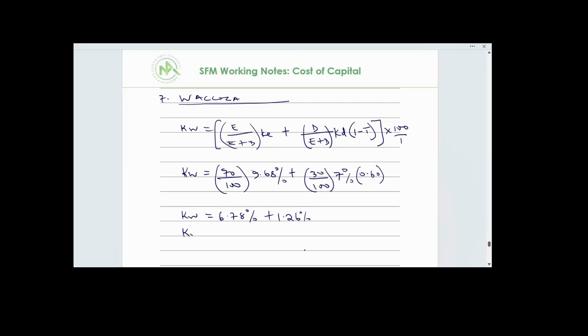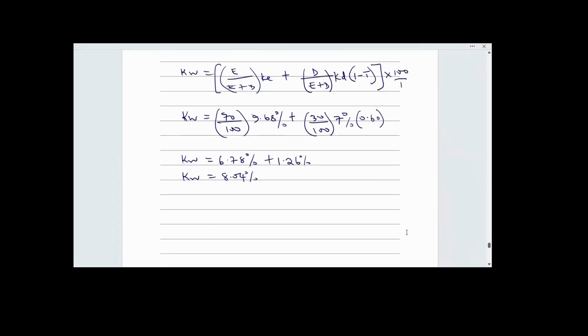When you add it together, 1.26 plus 6.78, your WACC is equal to 8.04. That's it. That's what the examiner is asking you.